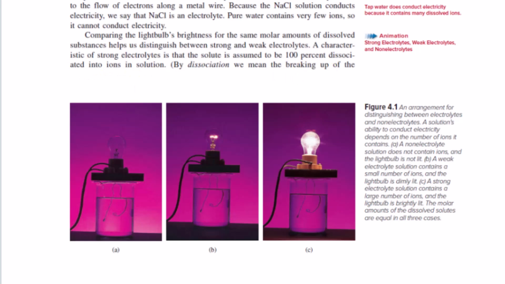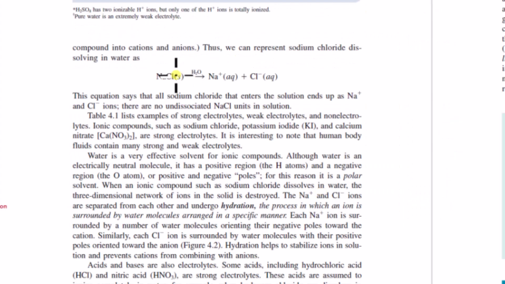Okay, so what that means is, for the case of sodium chloride, and what we're going to see, all soluble ionic compounds are going to be strong electrolytes. So for any soluble ionic compound, it starts off solid. You put it in water, then it breaks up into ions, and each of the ions gets dissolved. So each of the ions is considered aqueous.